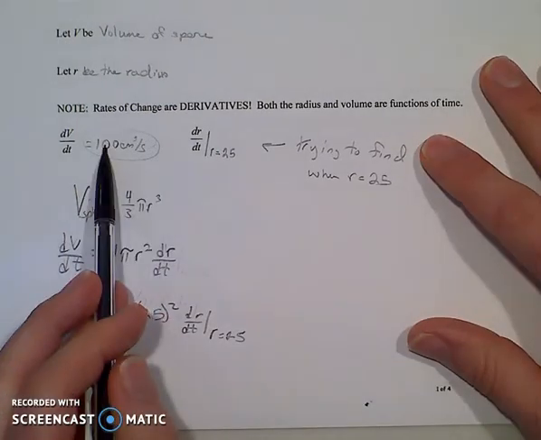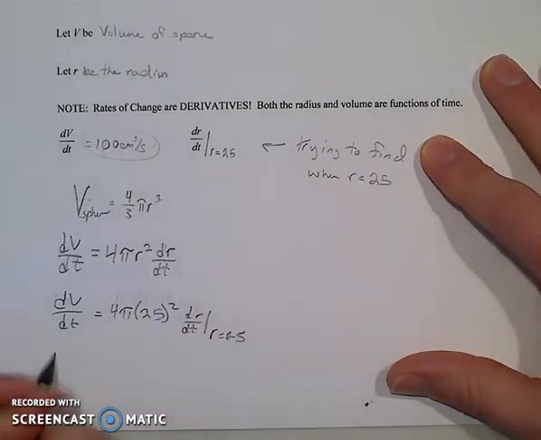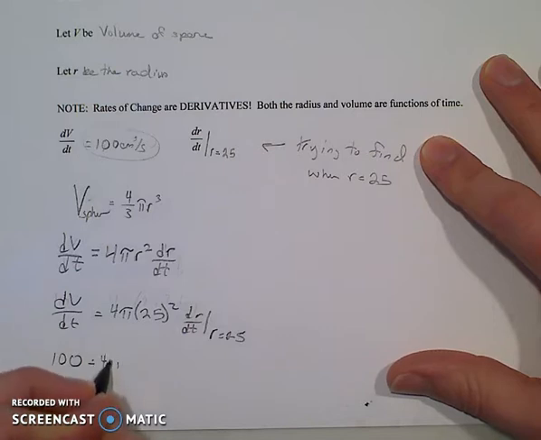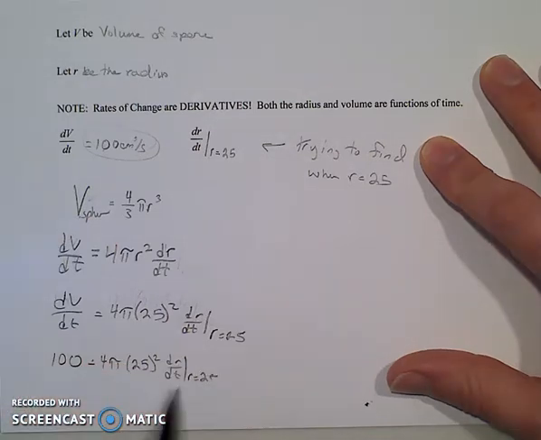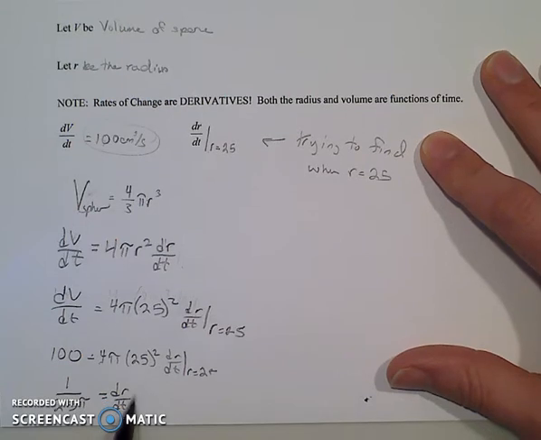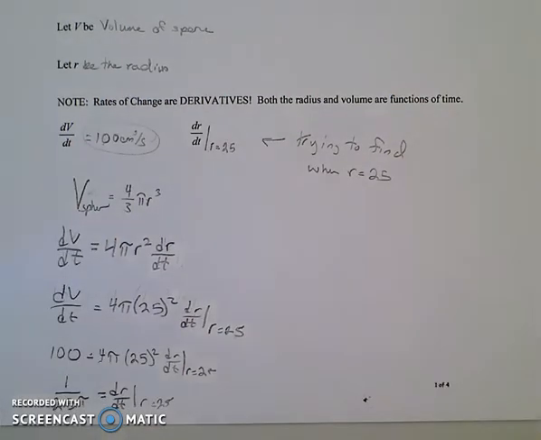Well, we know dV/dt is 100, equals 4 pi times 25 squared dr/dt when r equals 25. And if you take 4 divided by 100 is 25. Divide that by 25 squared, we're going to be left with 1/(25 pi) equals dr/dt when r equals 25.